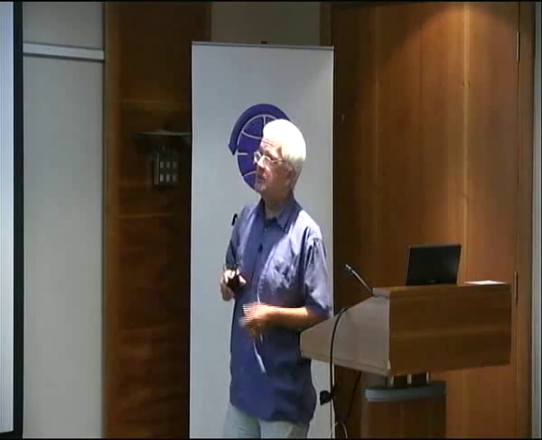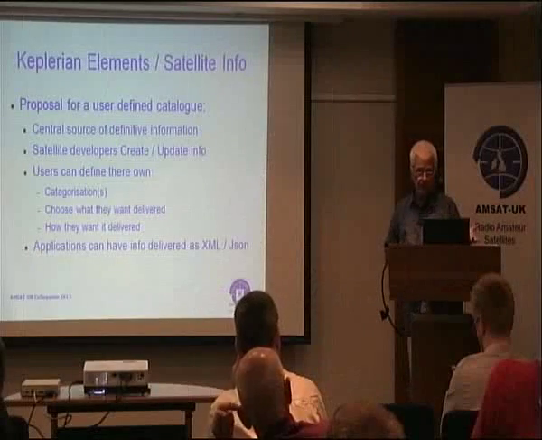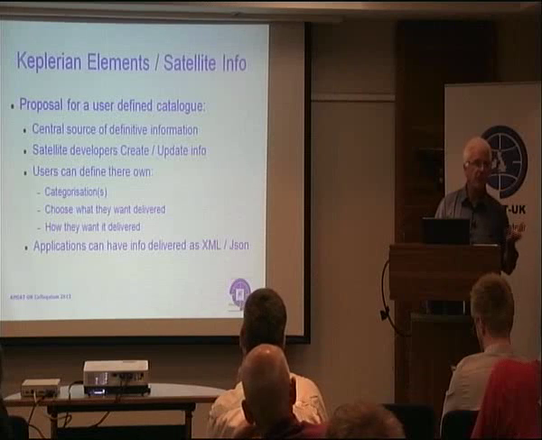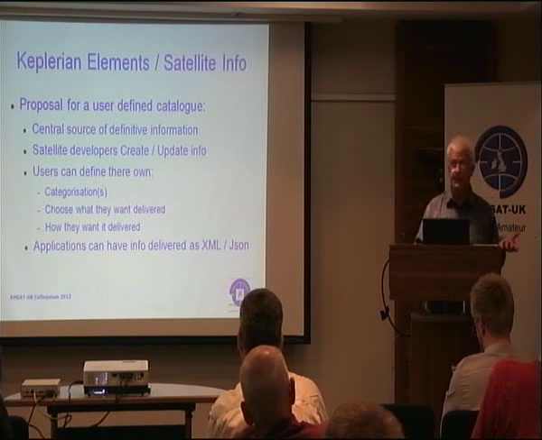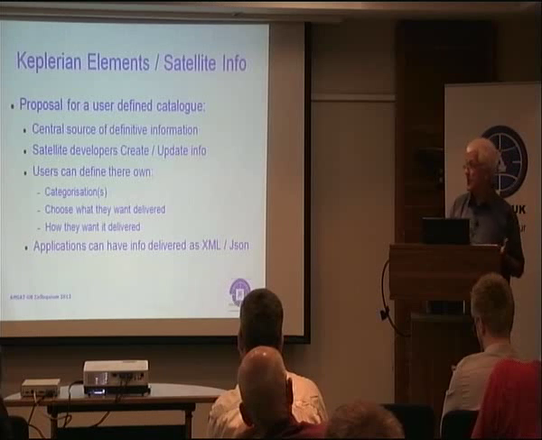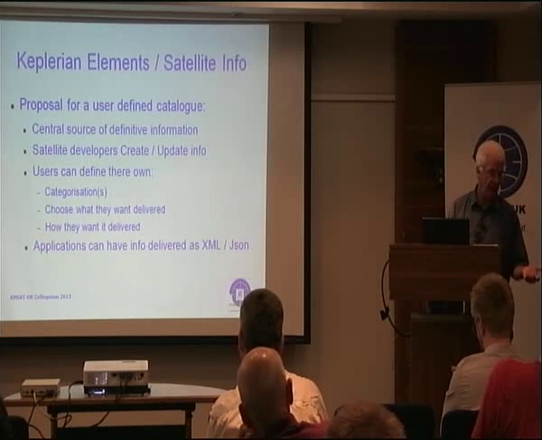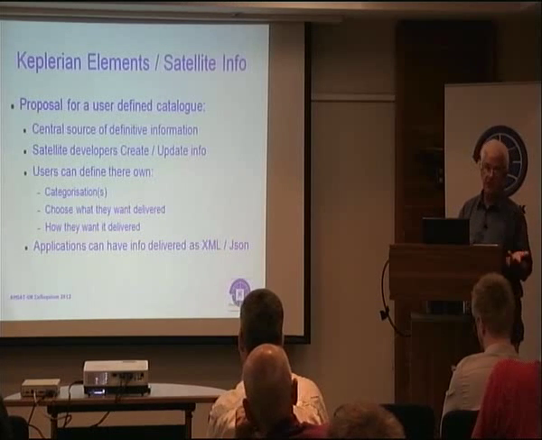As well as the providers of the information, I've demonstrated that there's a lot of noise in the database for the TLEs. It would be nice for people to have their own categorizations. I want to define what is an amateur satellite, and the ones that are actually alive, what CubeSats I'm interested in.